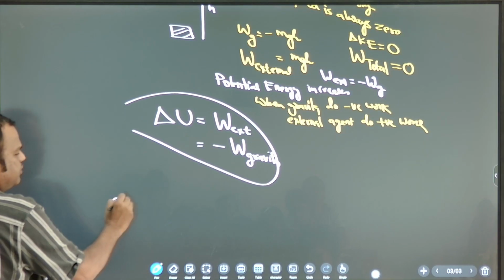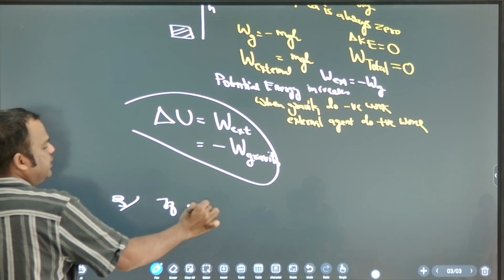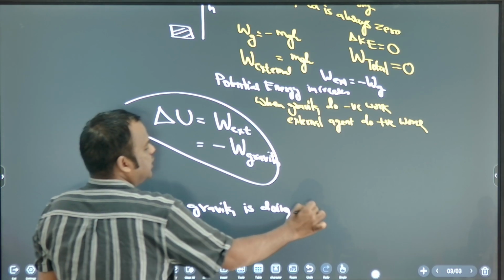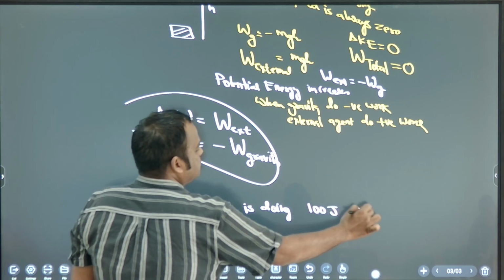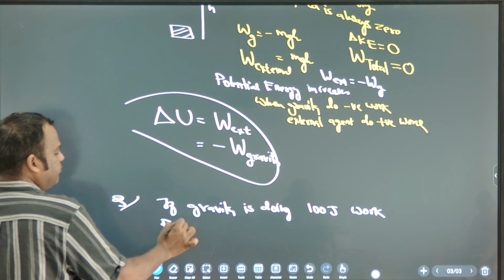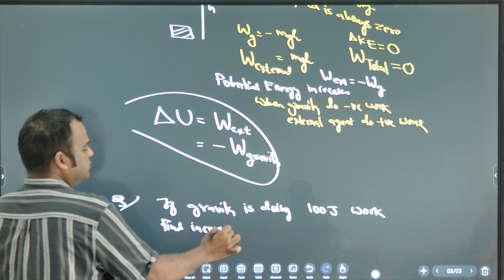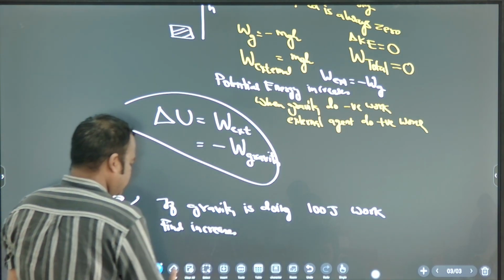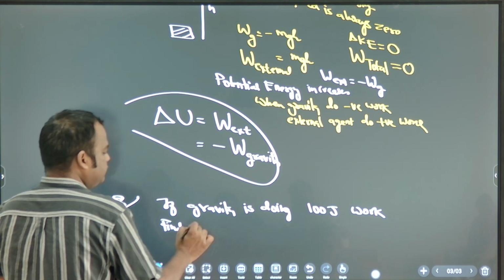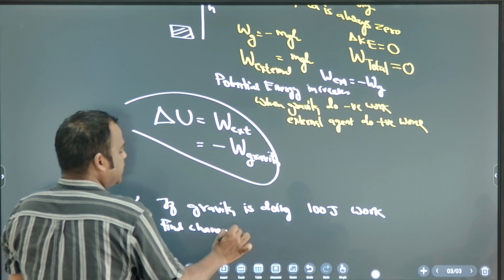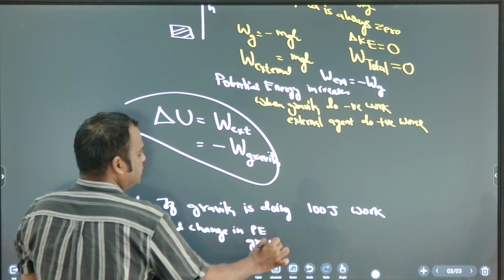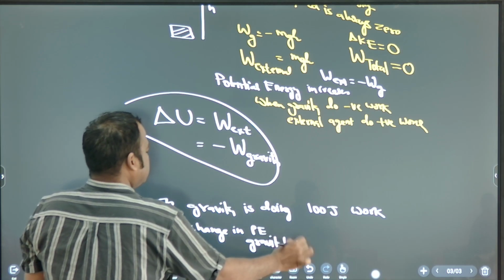Okay, just one numerical I am giving. If gravity is doing 100 joule work, find the change in gravitational potential energy.